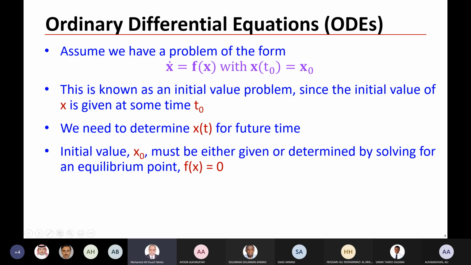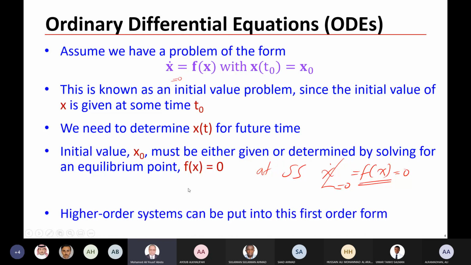Definitely at steady state, x dot is equal to 0, equal to f of x. And you can solve f of x equal to 0 to find the initial condition if it is not given here.